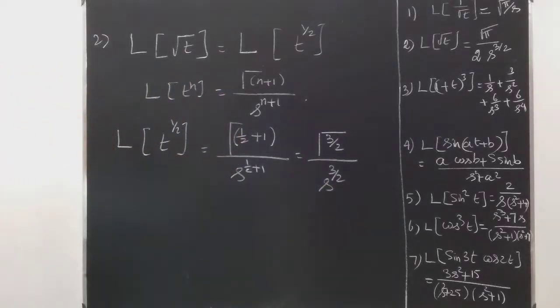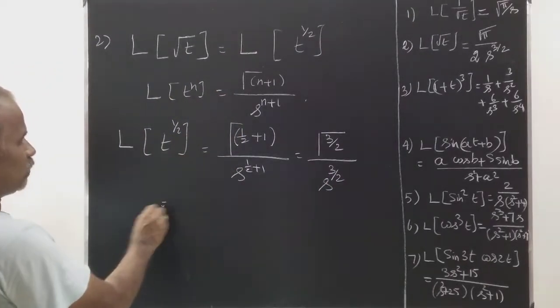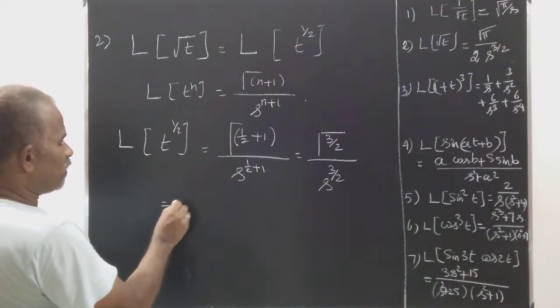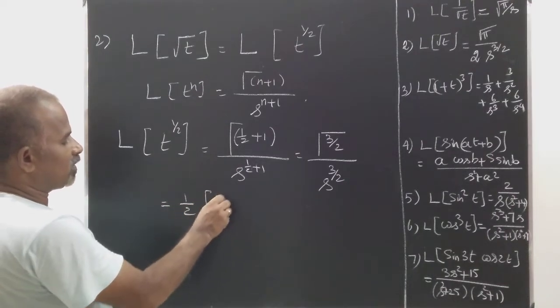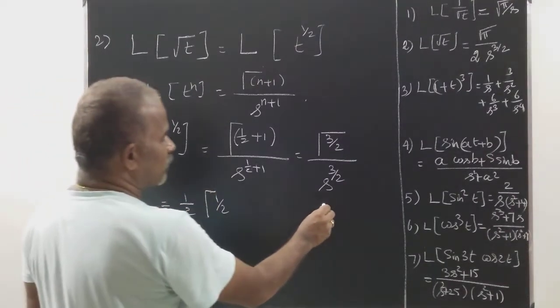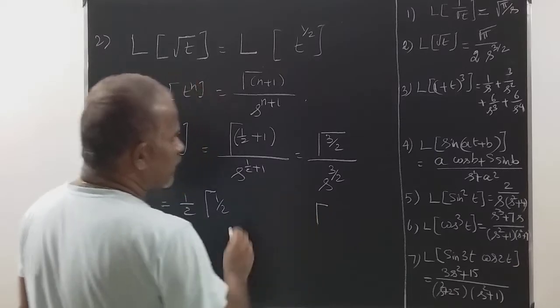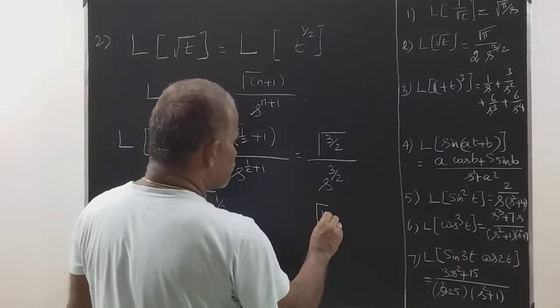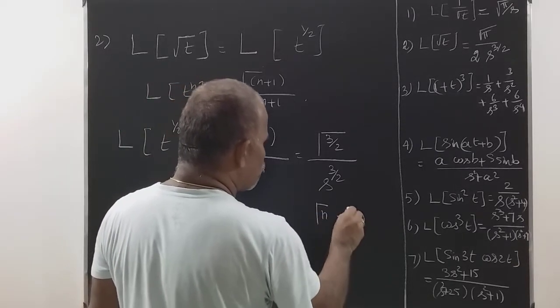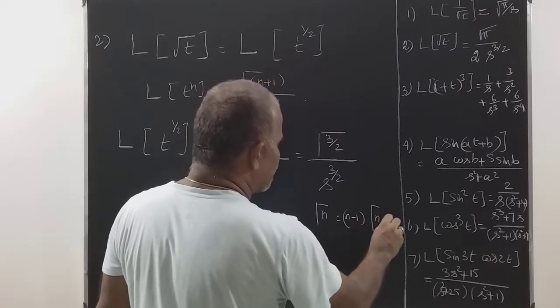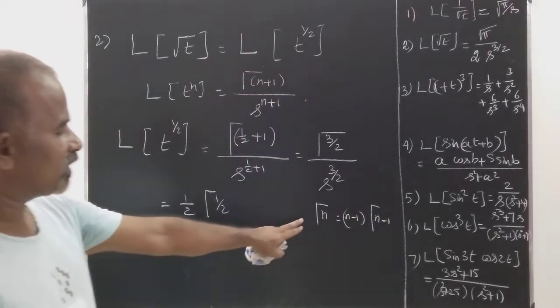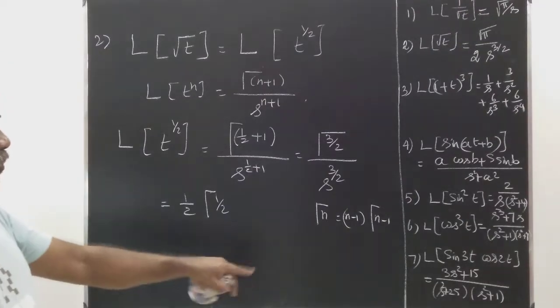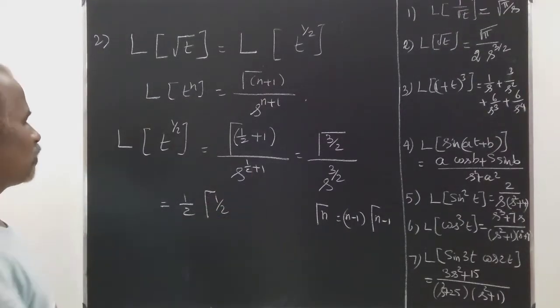So this is equal to half times gamma half. We also have one result: gamma n is equal to n minus 1 into gamma n minus 1.